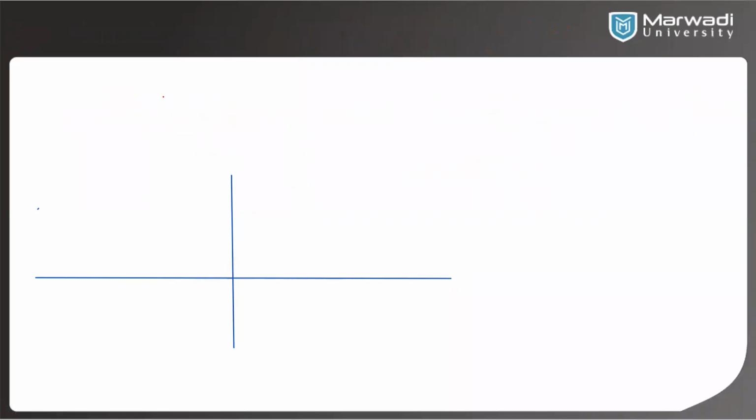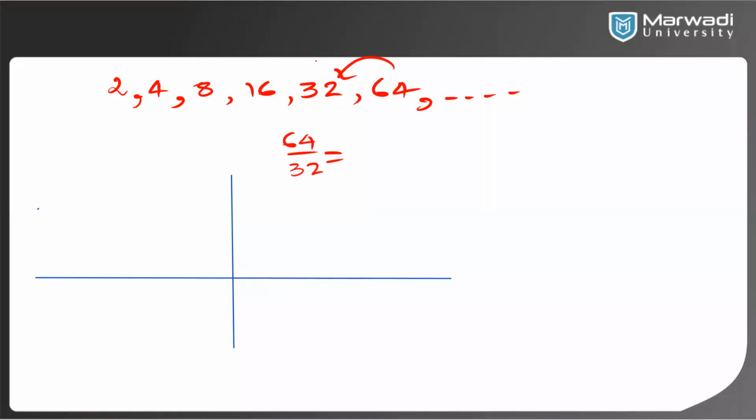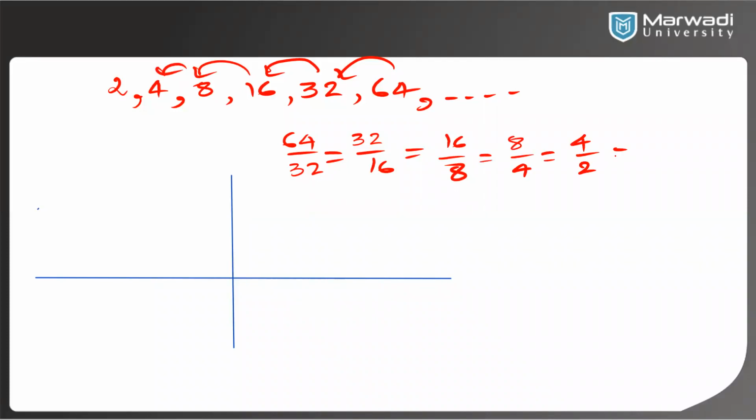समझो क्या बात हुई? Suppose we have 2, 4, 8, 16, 32, 64 and so on. Chalo, 64 divided by 32, 32 divided by 16, 16 divided by 8, 8 by 4, 4 by 2. ये सब क्या मिलेगा?